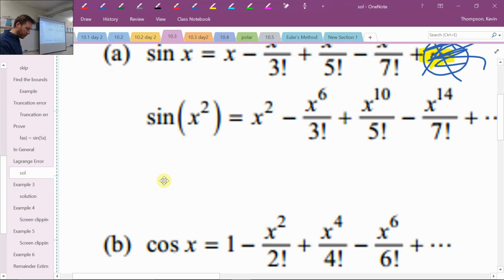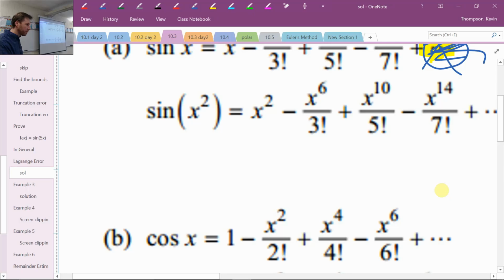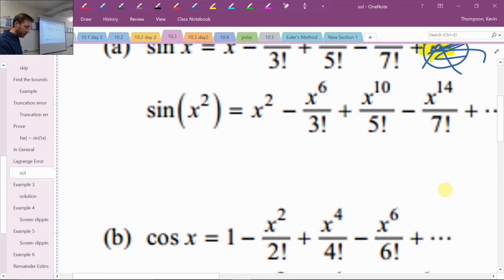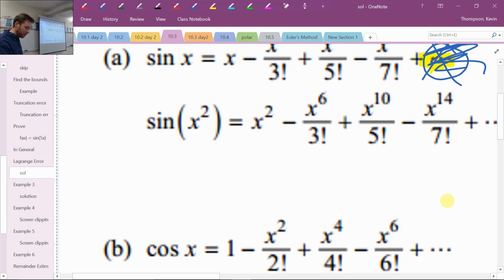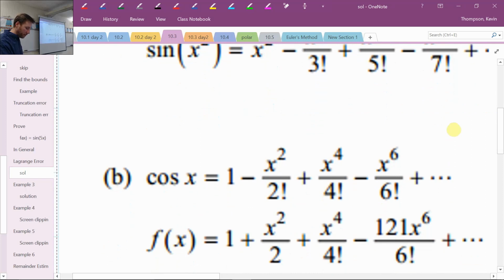What's the first term of the Taylor series for the function? Still 1. Next term. X squared. X squared over 2.